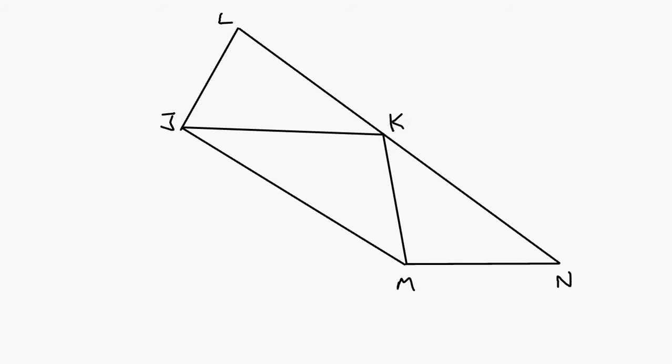Angle KMN is 88 degrees. Angle N is 48 degrees. LJK is 70. JKM is 104. You're asked to find the measure of angle NKM.